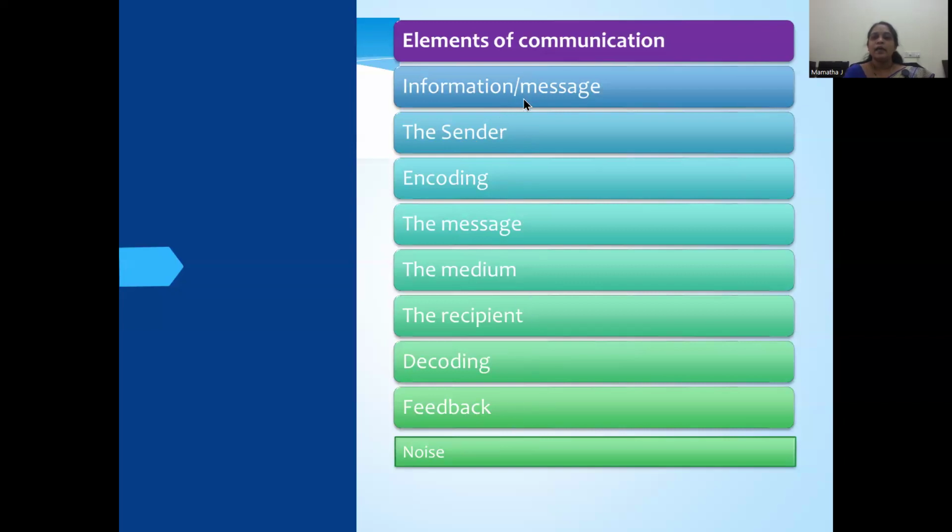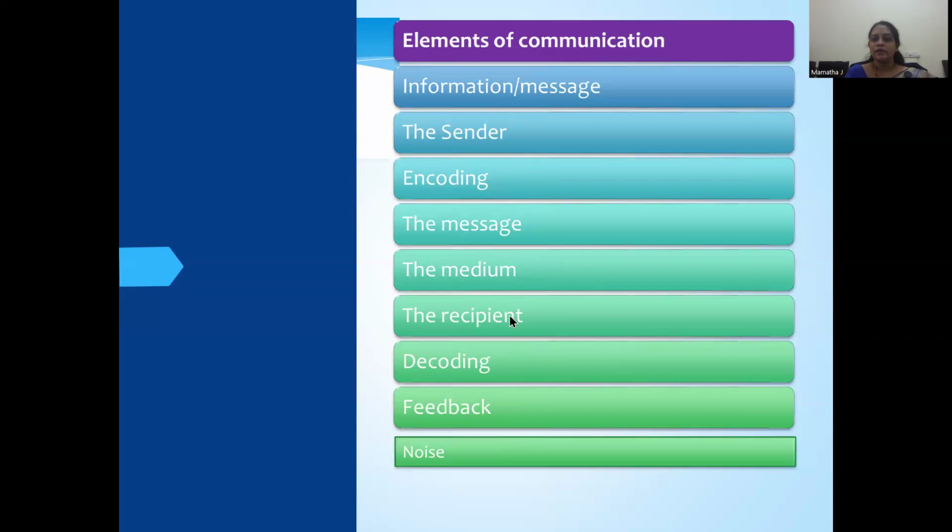So what are those? Information or a message. You have a sender who has the message to send. The sender attaches meaning to the message, a process called the encoding process. Then once the message has been encoded, a suitable medium will be chosen to pass it on to the recipient.